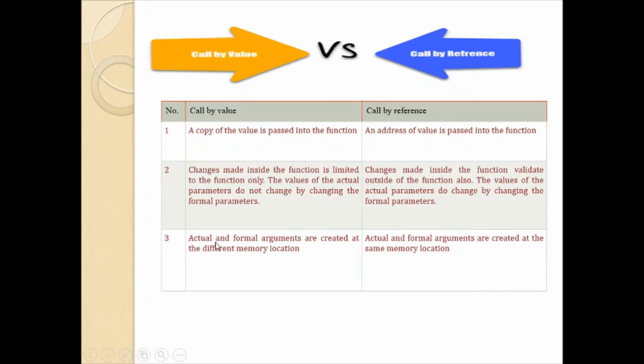Next, actual and formal arguments are created at the different memory location. As formal parameters are receiving a copy of actual parameter, there will be separate memory locations for this actual and formal parameters in call by value method, whereas actual and formal arguments are created at the same memory locations in call by reference.